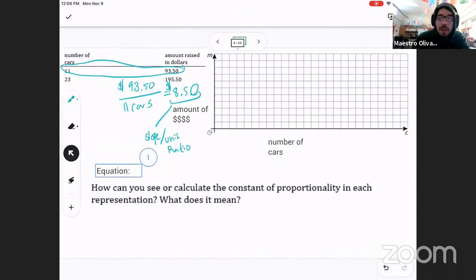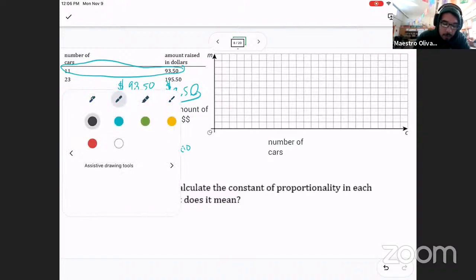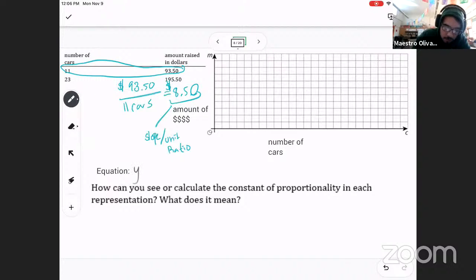What would the equation be if we know our slope or our unit ratio? Y equals something x. What would I write on my equation?